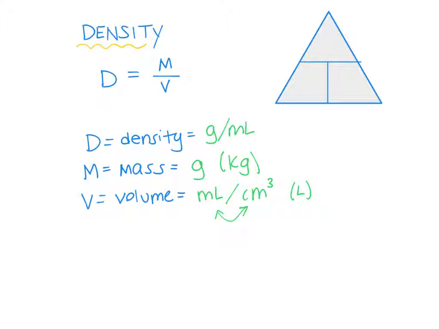But that can kind of change, whether you had grams per centimeter cubed, grams per liter. The only rule is they have to agree. So for example, if you're given a density and it says it's 1 gram per milliliter, then the mass has to be in grams and the volume has to be in milliliters. So they technically can be any unit you want, they just have to agree with each other.